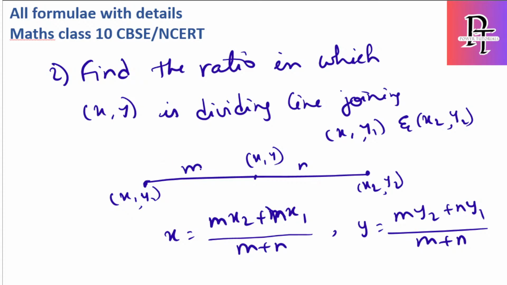So how to remember: m into the right side plus n into the left side, m into x2 plus n into x1 by m plus n, m into y2 plus n into y1 by m plus n. This is a very easy formula.